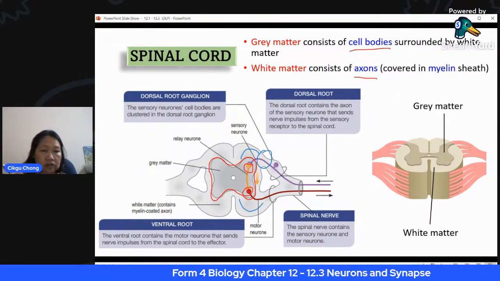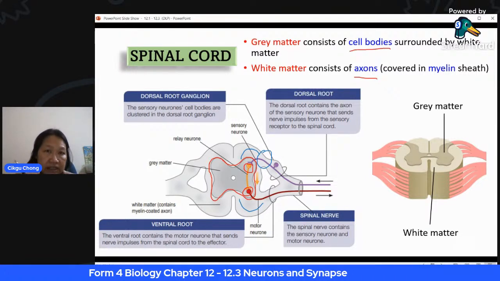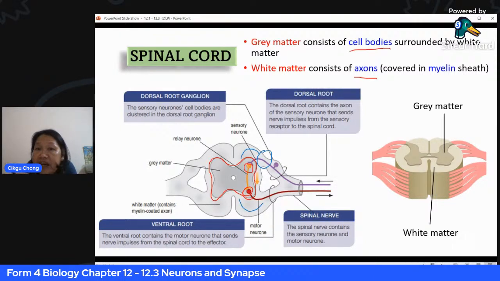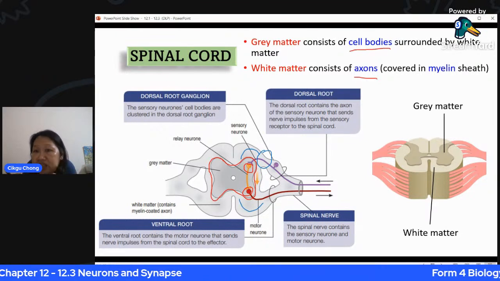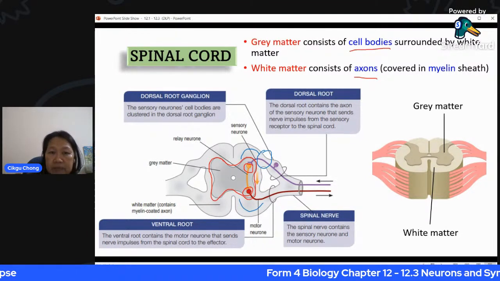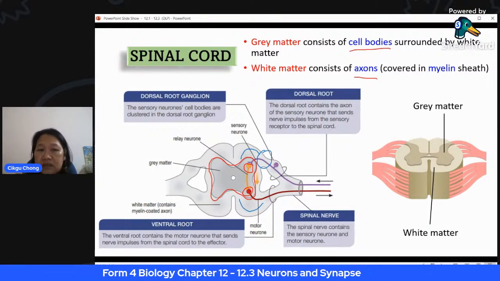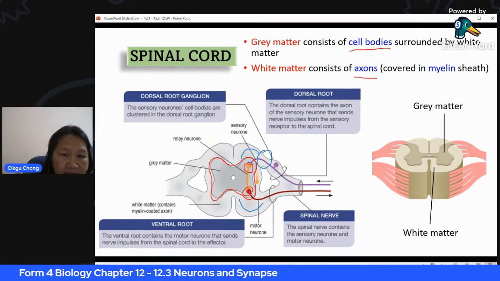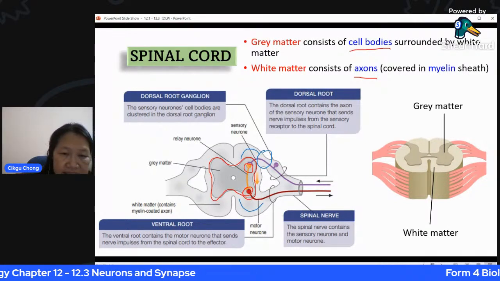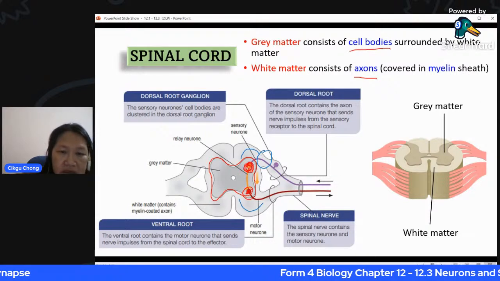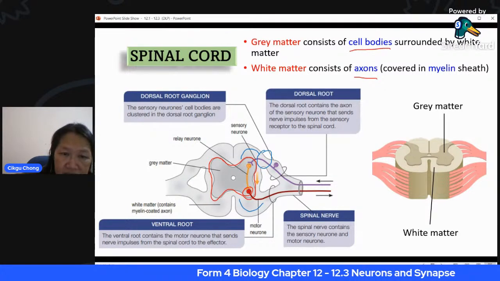So the white matter consists mainly of axons that are wrapped in the myelin sheath, the fat. And for the gray matter, you have mostly cell bodies inside the middle part here. You can see very clearly, these are your cell bodies. So this is where your gray matter is.